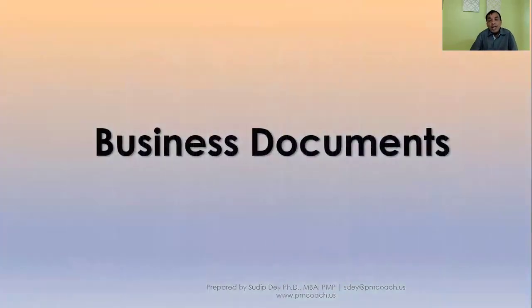Finally, let's look at what are called the business documents. Now, as a project manager, when we are provided, okay, this is what needs to be done, and we go ahead with it, we find the requirements and we develop and we deliver and so on and so forth.